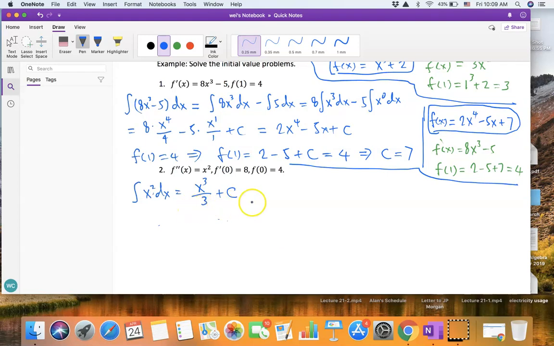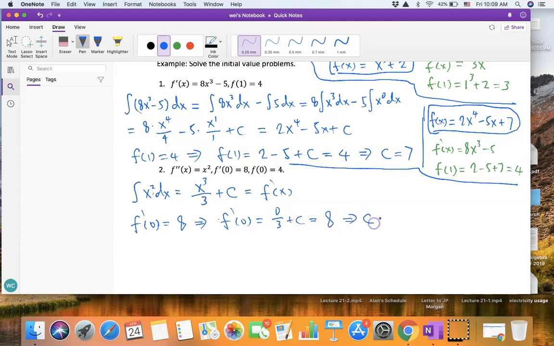Now remember, this is our first derivative function. Actually, this is a general solution for the first derivative function. Then to figure out what c is, we can use the first initial condition. When x equals 0, the derivative equals 8, so this equals 8.